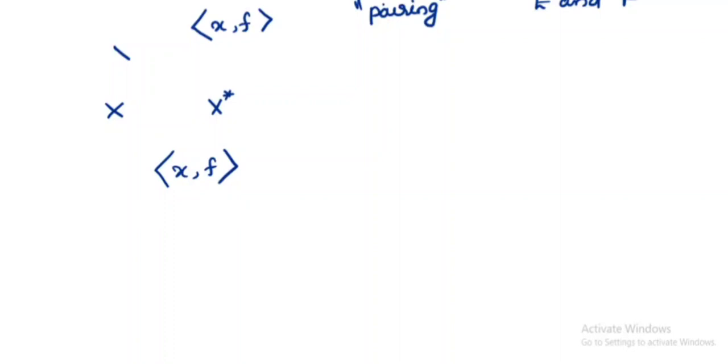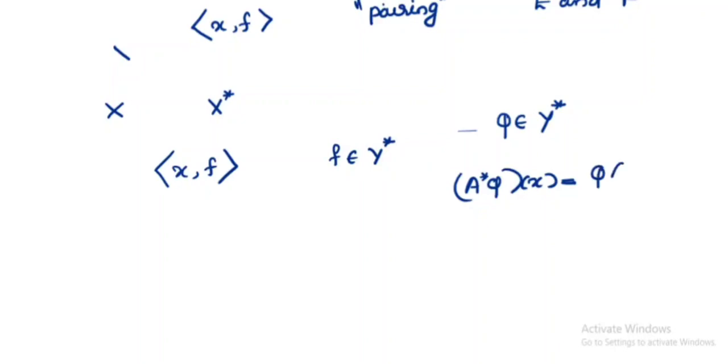For phi belongs to Y star, we have A star phi of x is equal to phi of Ax.